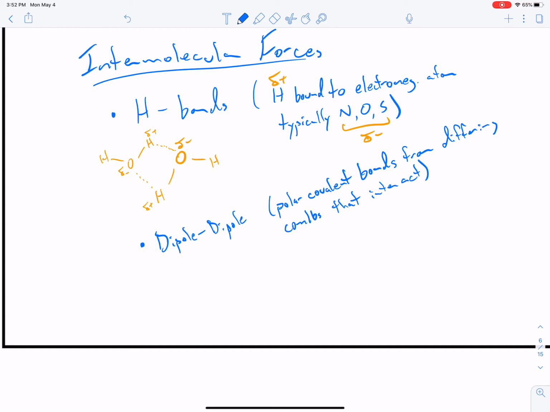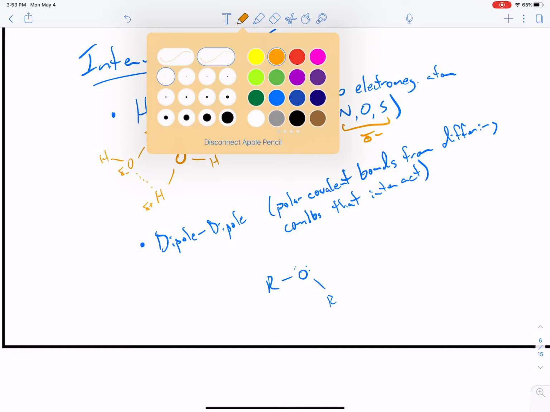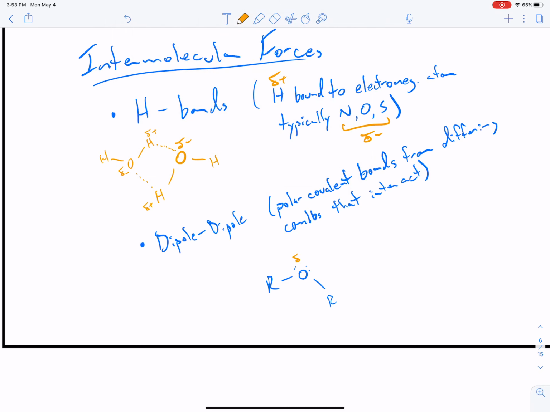So an example of that might be, let's go back to ethers. Do you remember ethers? Where you have some R group and an O and another R group here. Remember this? And then you've got this ether that has a delta minus here, and these things are a little bit delta plus.